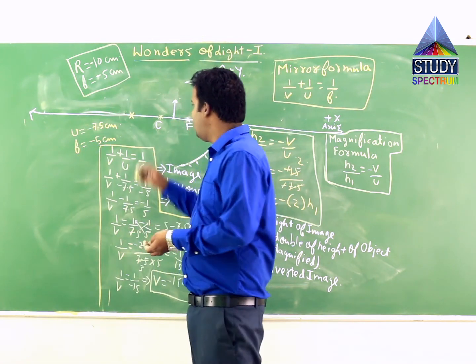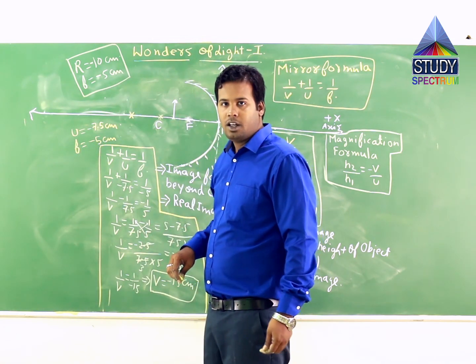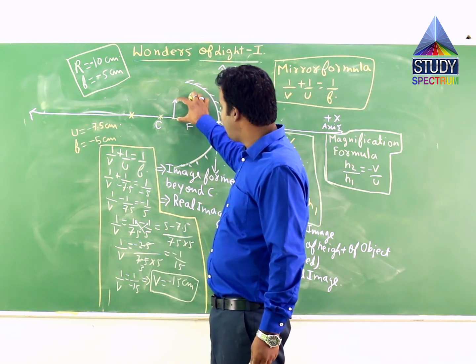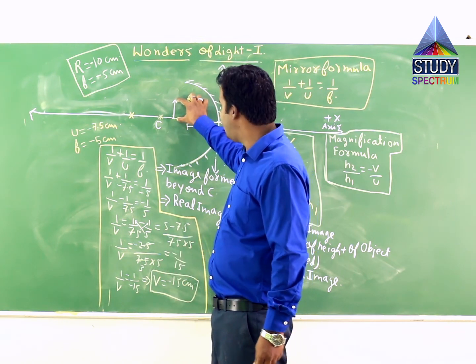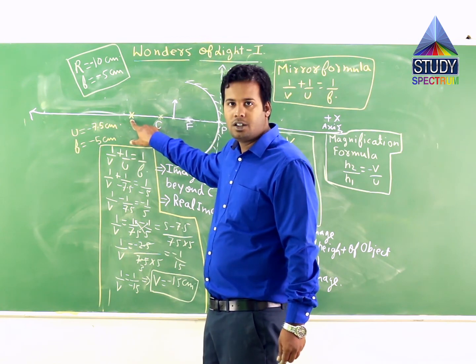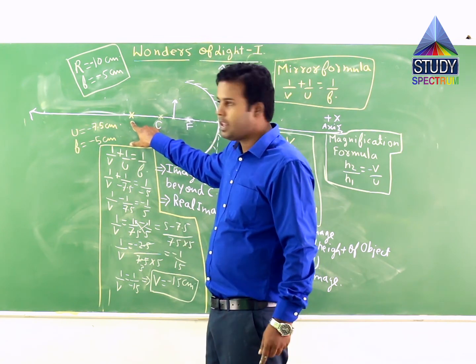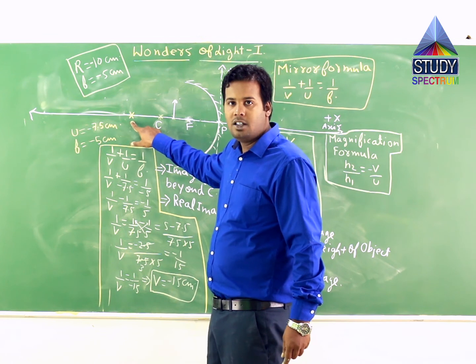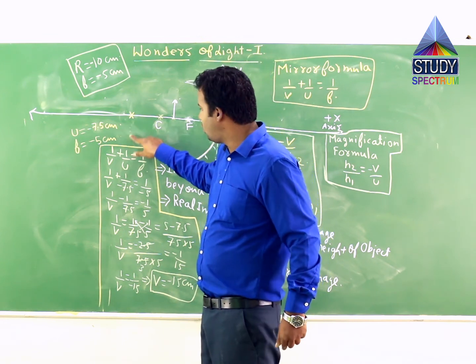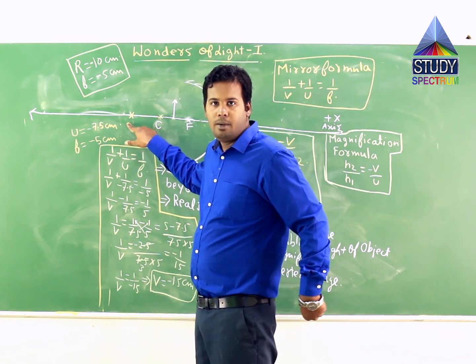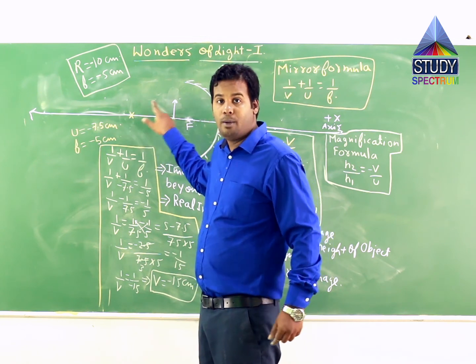Now suppose we want to draw it over here, correct? Now suppose this is the height of the object when the object is placed between C and F, and this is the point which is coming out through calculation where the image is being formed. And since the image is inverted, it should go down, and also the height of the image is double that of the object.